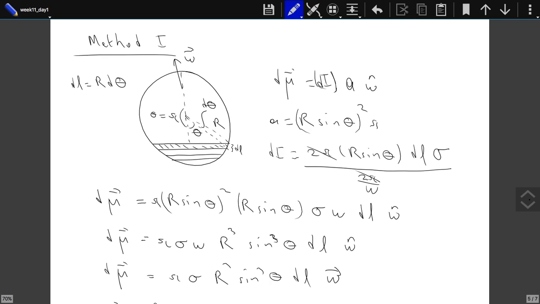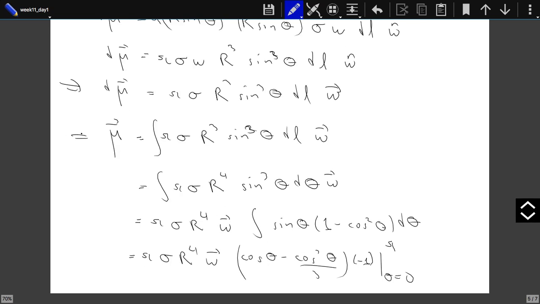You already know how to calculate the magnetic dipole moment of the ring, because a ring is nothing but a current-carrying loop on a plane. The magnetic dipole moment is just the area times the current, in the direction given by the right-hand rule. Then to calculate mu, you just sum up the contributions, which is nothing but your integral.